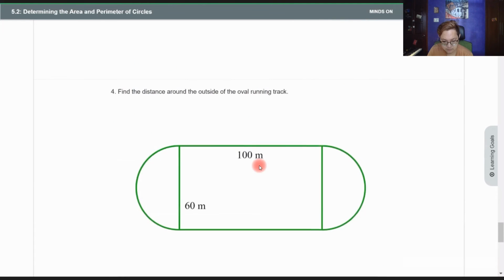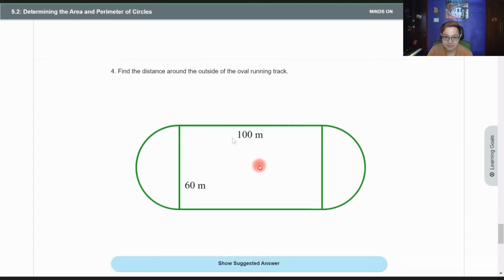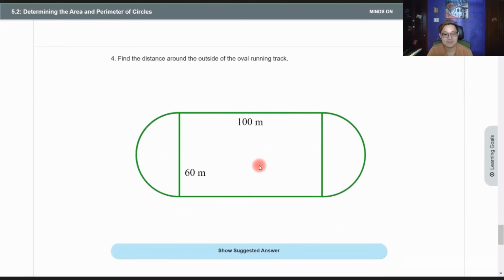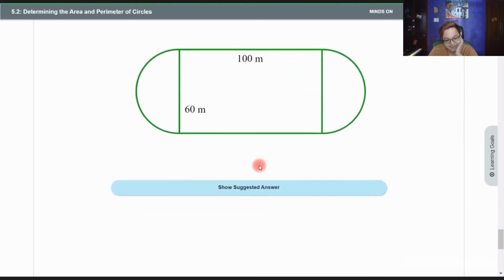So this one, the answer for this one is 388.4 meters squared. You sure about that? Yeah, I'm sure.